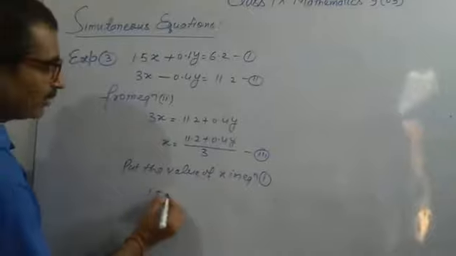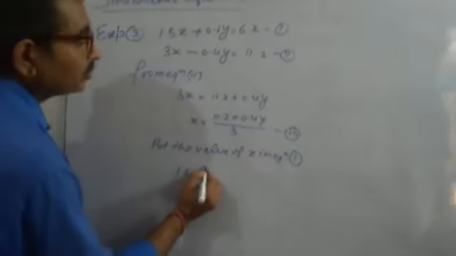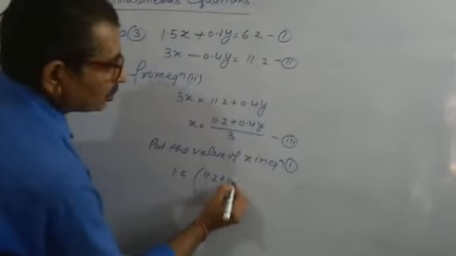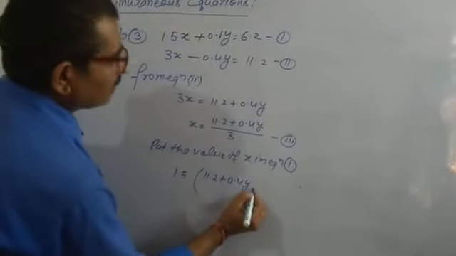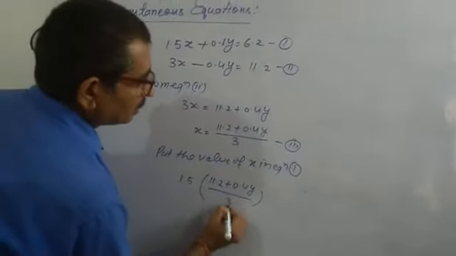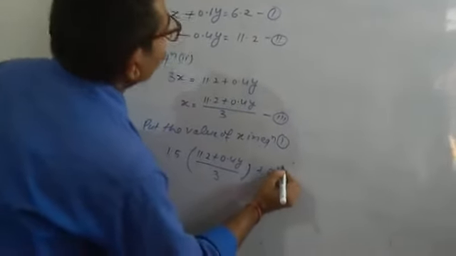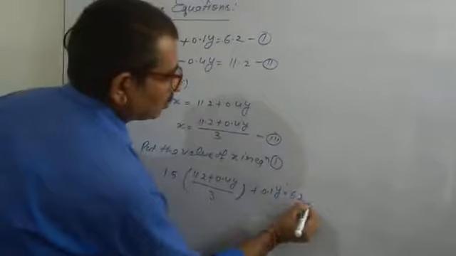This is the substitution method. 1.5 into (11.2 plus 0.4y) in the place of x upon 3 plus 0.1y equal to 6.2.